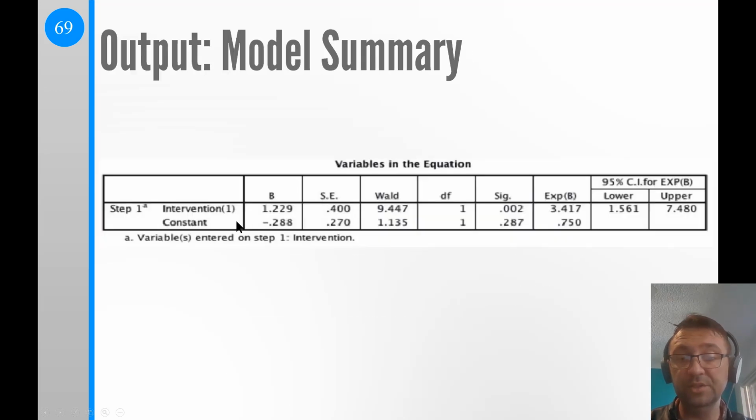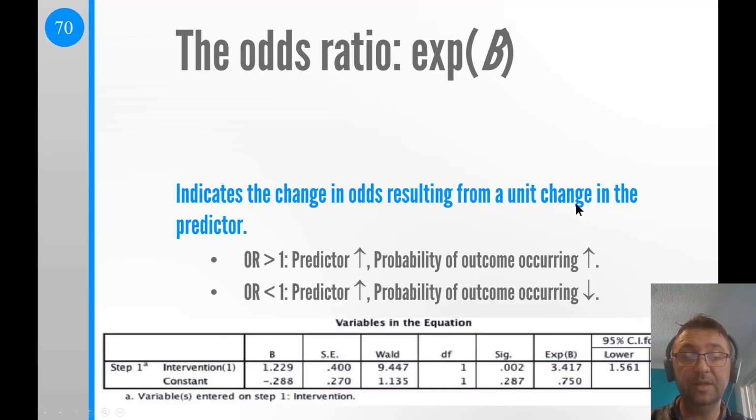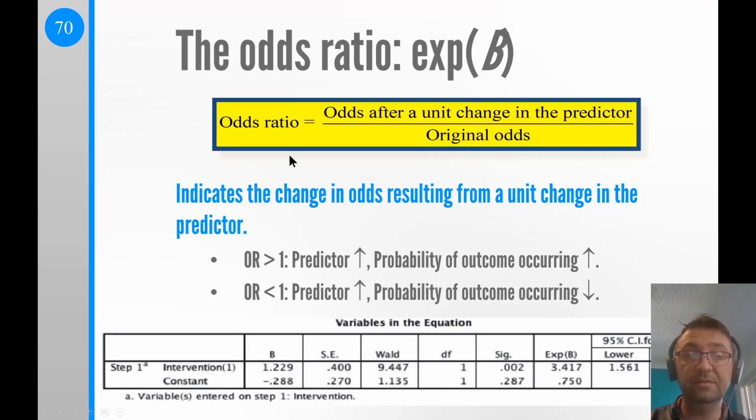Again, we have a constant, and then we have an intervention. This is our predictor. We have a b, and we also have an exponential b. Generally, we report this exponential b, which is called the odds ratio. And the odds ratio is the odds after a unit change in the predictor divided by the original odds.